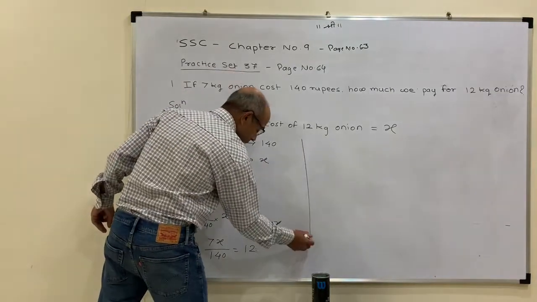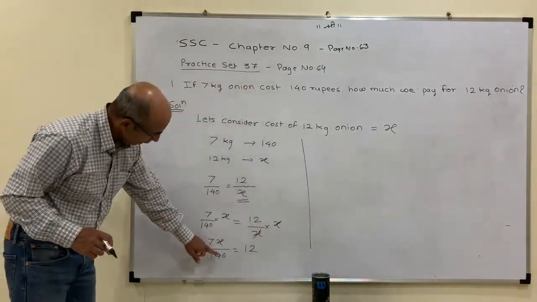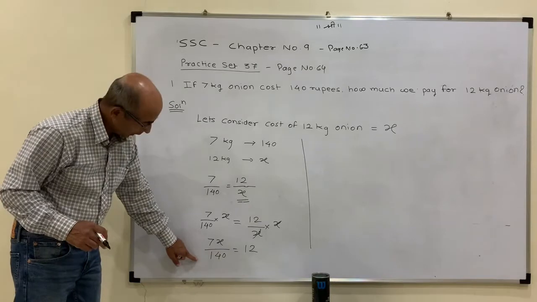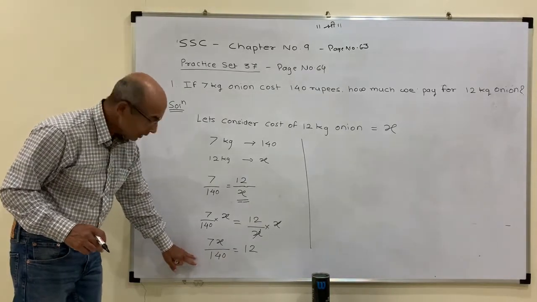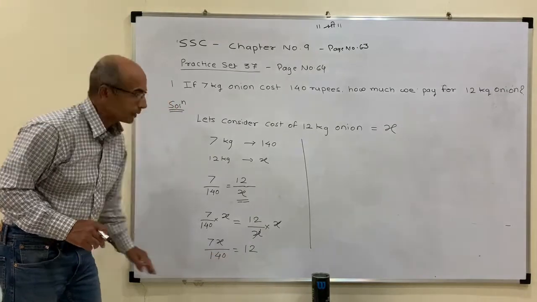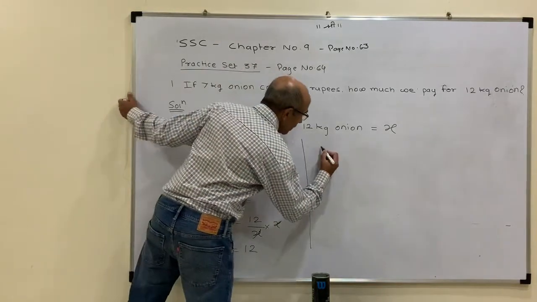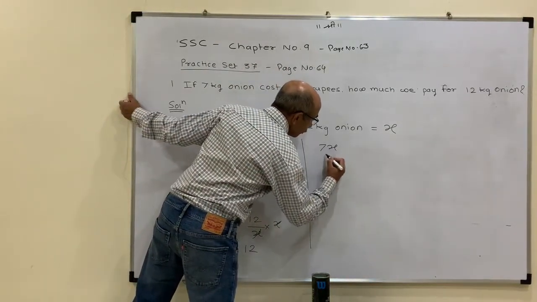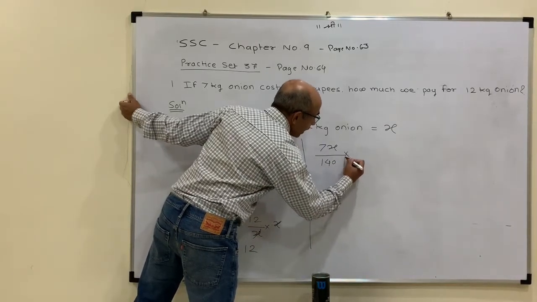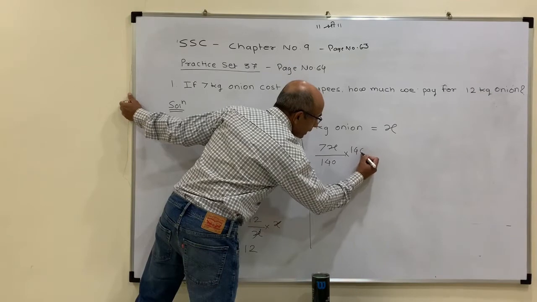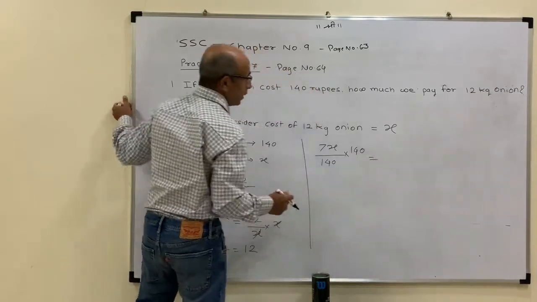So my next step will be: see, 140 is divided here on the left hand side. So if I multiply by 140, the 140 will go from the left hand side. So now I'll multiply by 140. 7x divided by 140, I'm multiplying the left hand side by 140.